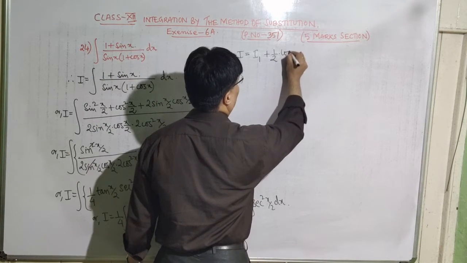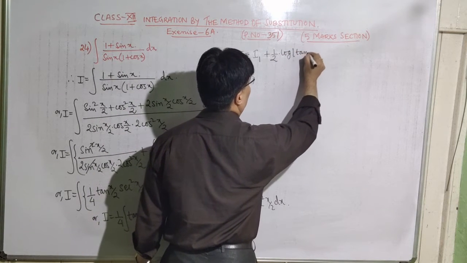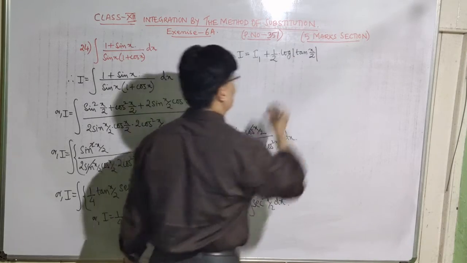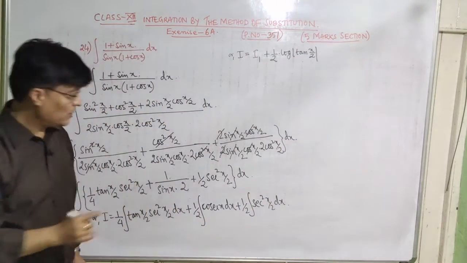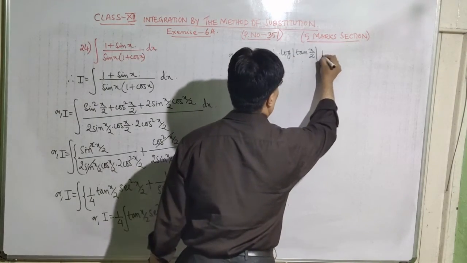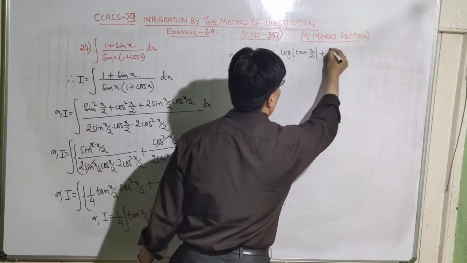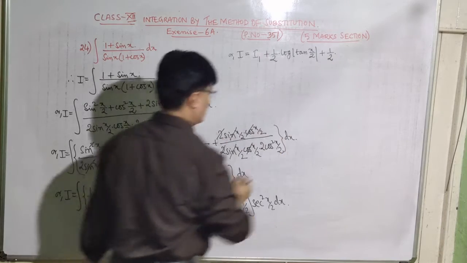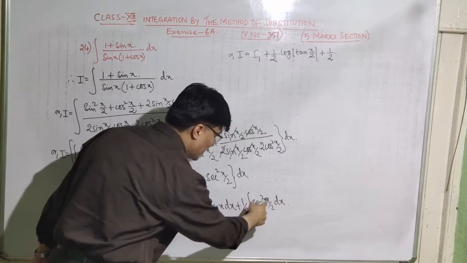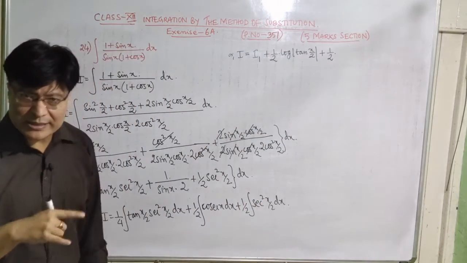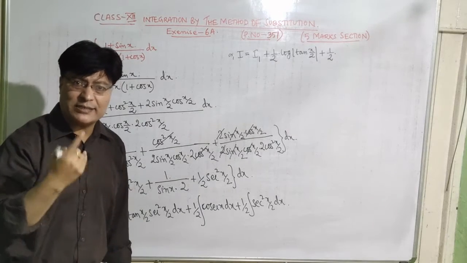It is log within mod tan x by 2, mod sign closed. Plus, what is the next one? It is half. Half is constant, write down half into, what is integration of sec square mx dx?